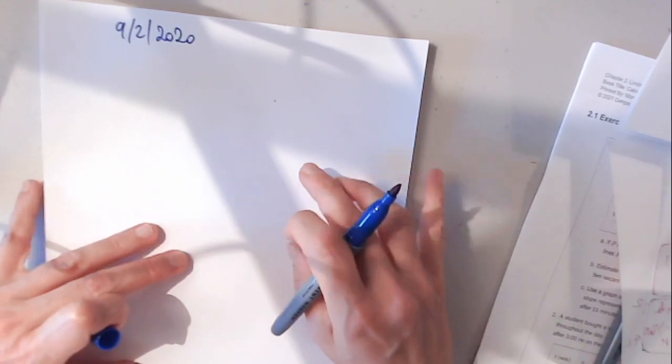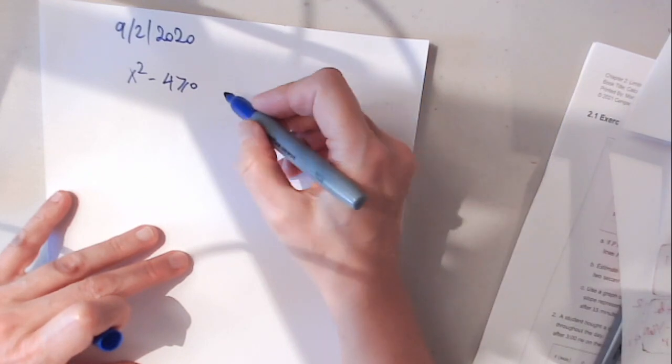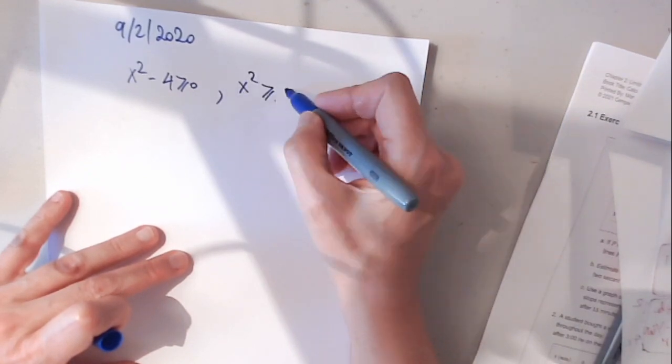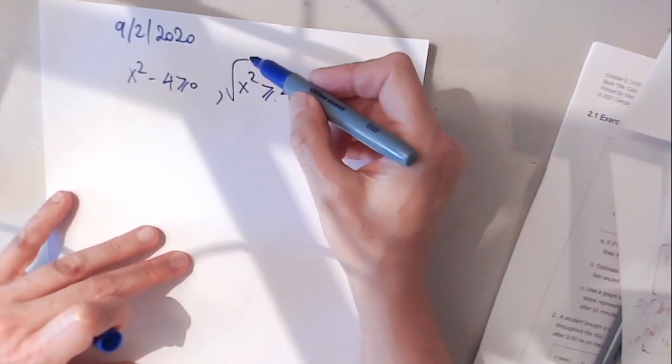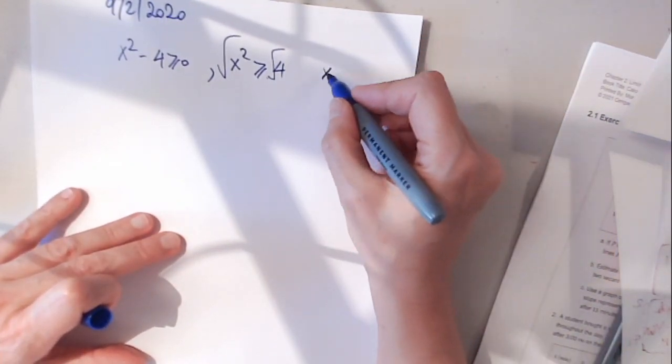Intervene with one thing. If I have x squared minus 4 greater than or equal to 0, and I make this terrible mistake of taking the square root from both sides, I will get this.